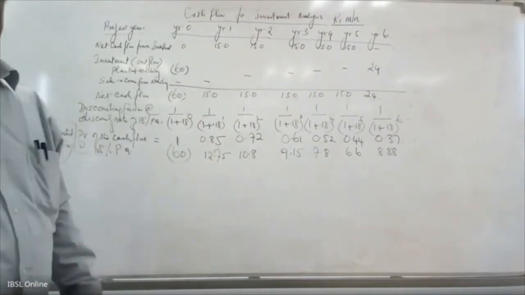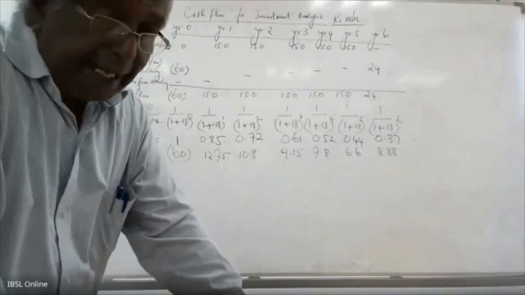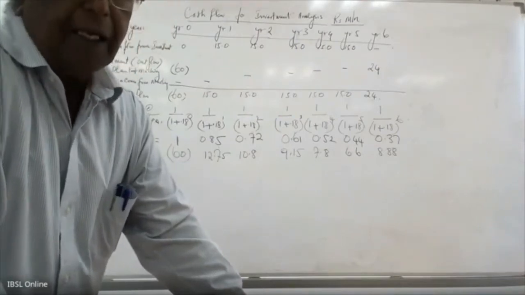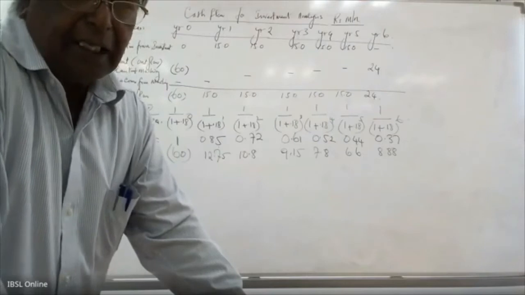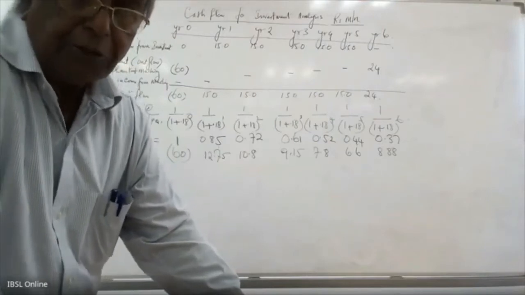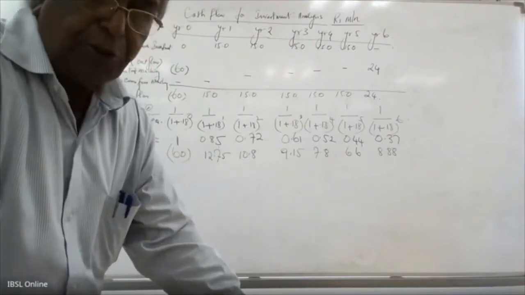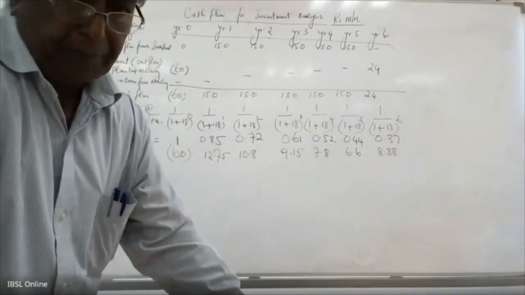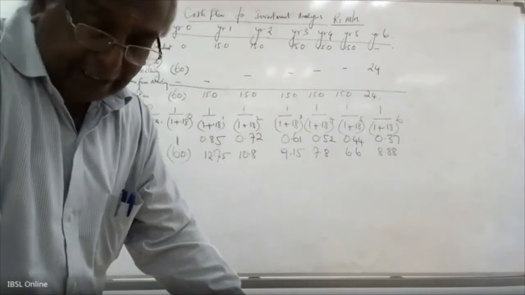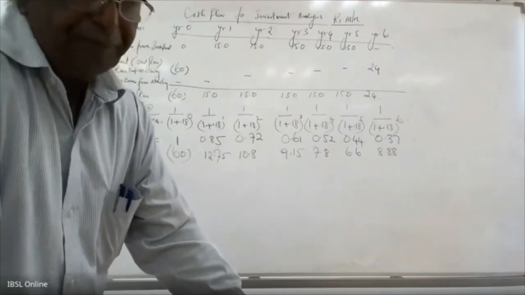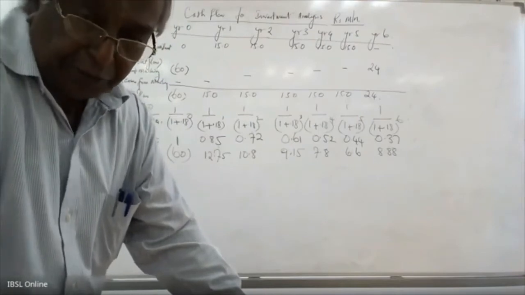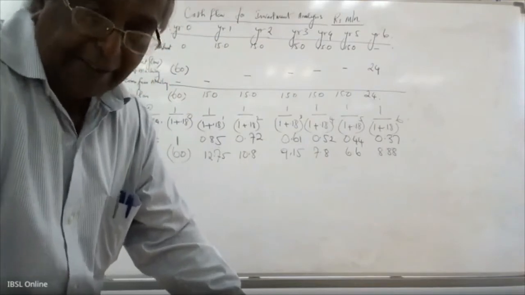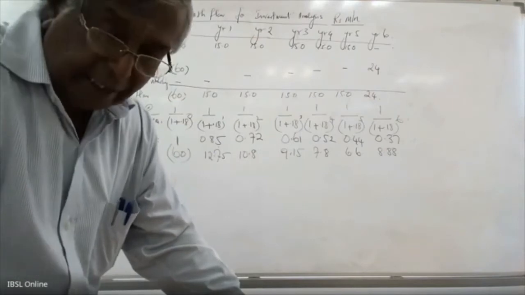So, the meaning of discounted cash flow: when you apply the discounting technique and convert future values in a cash flow into present value, then that cash flow is called a discounted cash flow.